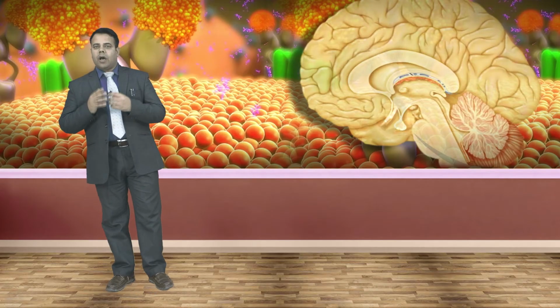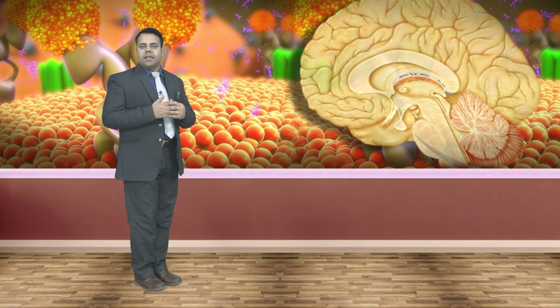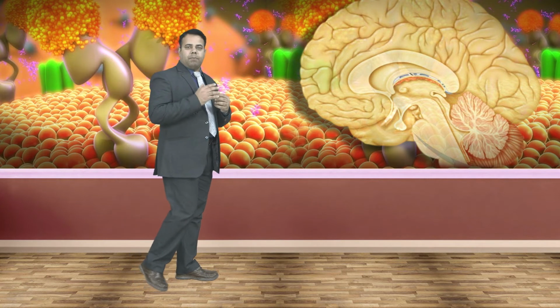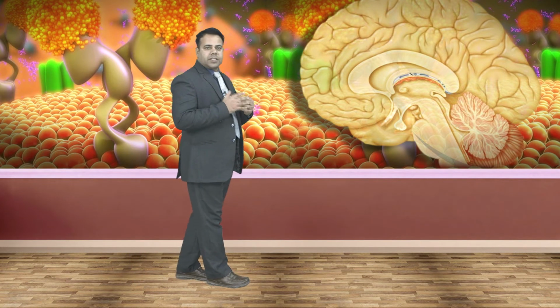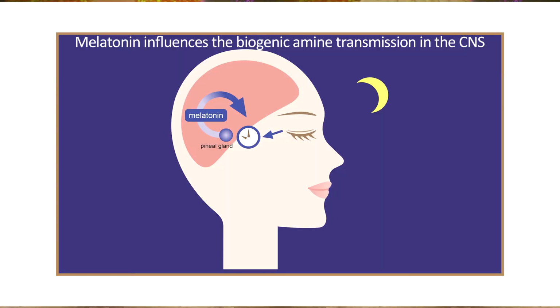So melatonin also increases the concentration of biogenic amines, and biogenic amines themselves participate in many of the normal and disturbed functions of the central nervous system, like mood disorders and sleep disorders. It is likely that melatonin exerts some of its actions on the bodily systems by influencing the biogenic amine transmission in the central nervous system.